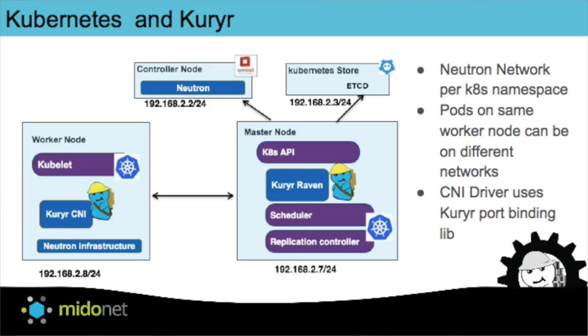And the same way with Kubernetes. What's interesting about Kubernetes is that in Kubernetes we can actually make use of load balancing as a service from OpenStack Neutron. Because in Kubernetes there's the concept of a service, which is essentially an endpoint.